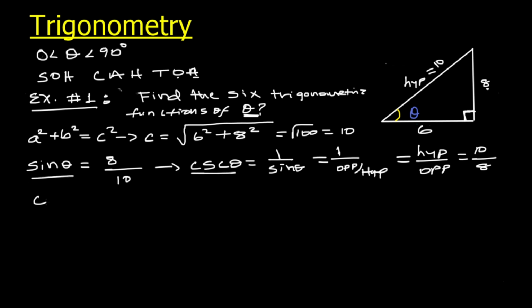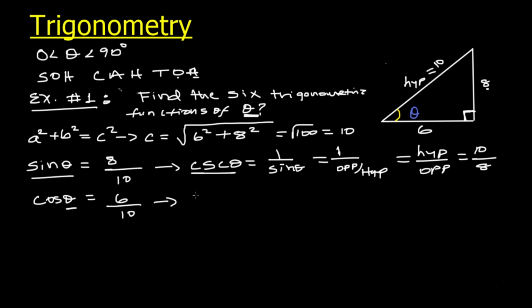Let's do cosine. Cosine theta equals the length of the adjacent side. Whenever you hear adjacent, it is the length of the side that's adjacent to the angle theta. We are measuring theta, right? So that length is 6. We divide by the hypotenuse, which we calculated as 10.